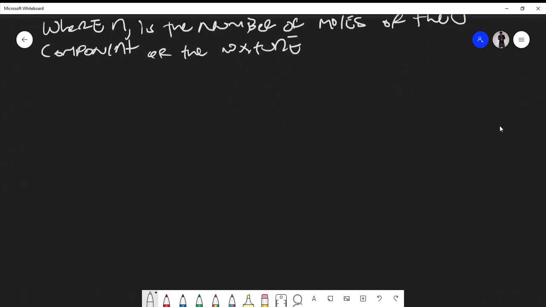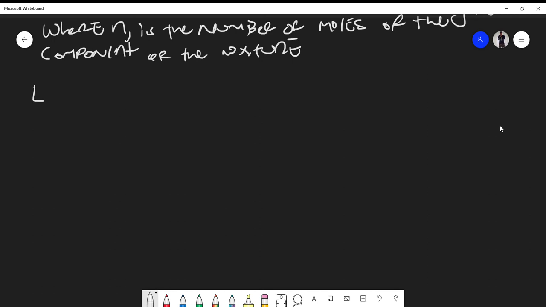So let's do an example. How would we solve an example?